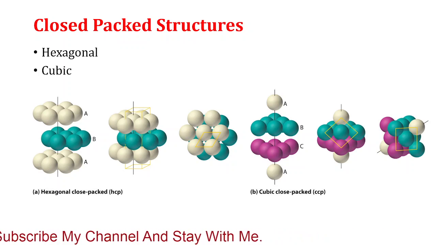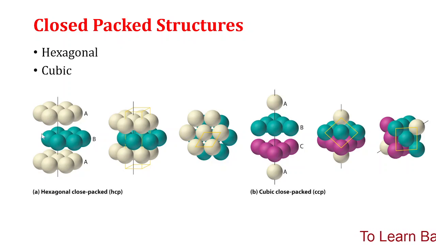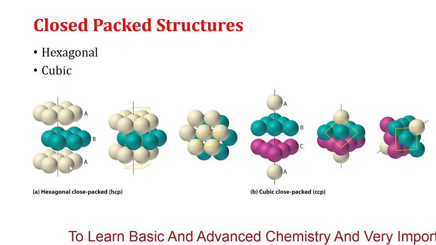So in that case, what will happen, there will be lots of spaces in between two different balls. We can have some spaces when we put one layer. Maybe this is one layer, this is another layer, this is another layer.